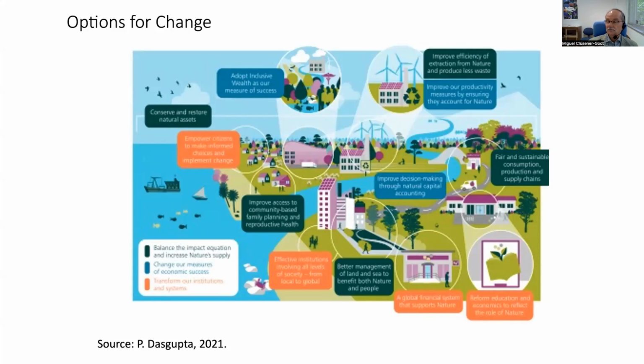The education, I mean, all that we have in the curricula must include what we learned about it. Improve the efficiency for nature, for energy production. Here is an example given on the wind energy production, but really improving the productivity by healthy production. Fair and sustainable production, also production of supplies change.